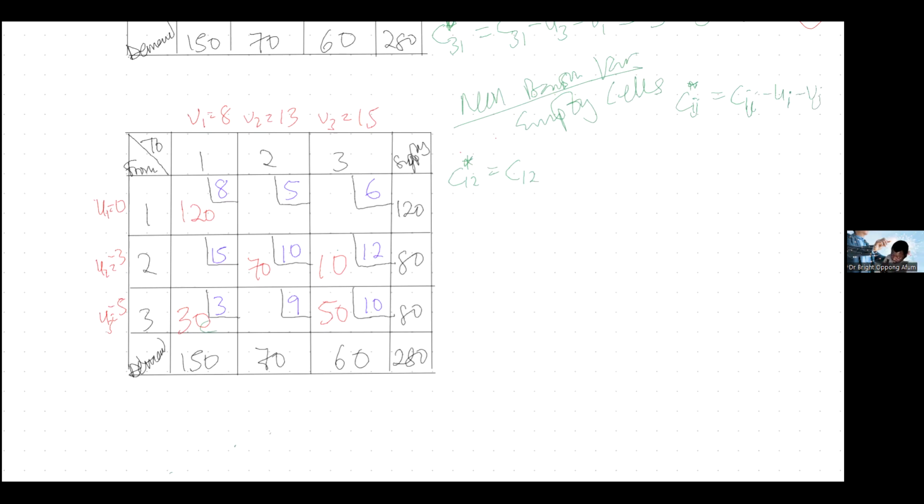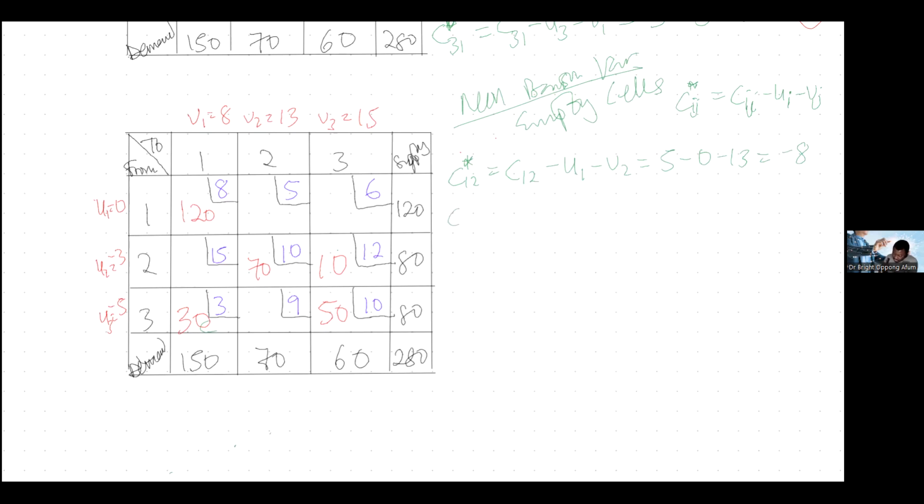So C12 asterisk is C12, which is 5, minus U1, which is 0, minus V2, which is 13, and 5 minus 13 is -8. So you see negative, it means that there is one more iteration, or there is a next iteration to do.